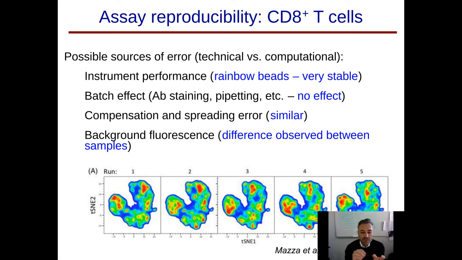Sometimes you see some moving clouds, but this is due to micro differences in the MFI from experiment to experiment, which, if you want, you can consider normalizing if you always have the same reference samples run across the different experiments that you're analyzing. So these are some of the difficulties that we encountered when we first developed complex panels, and we wanted to analyze them by computational analysis.